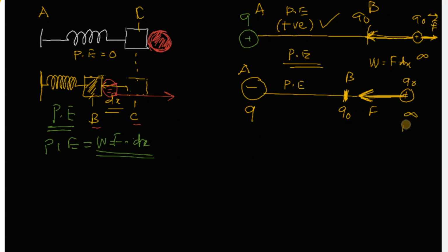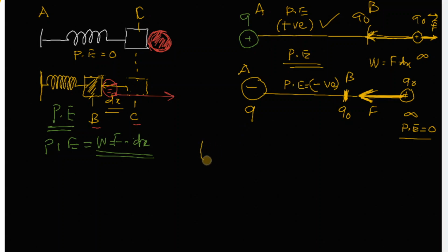Because at infinity the potential energy is already zero, and if the charge moves under this force from there to this position, some energy is lost, and due to that the potential energy goes from zero to negative. So the potential energy stored here will be negative. Let us consider it with the formula.